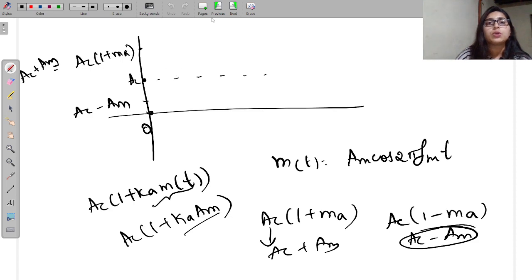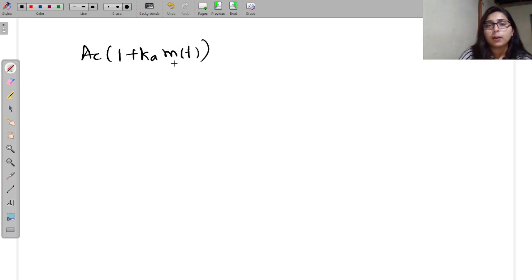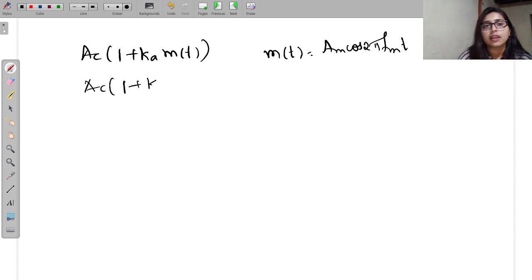If you have not understood, I will tell you once again. AC into 1 plus Ka M of t, that is the envelope, and M of t if it is AM cos 2 pi FMT, so this will be 1 plus Ka into AM cos 2 pi FMT, right?